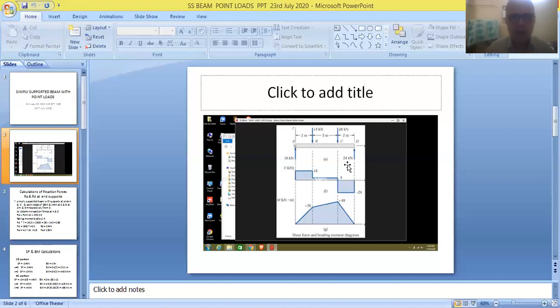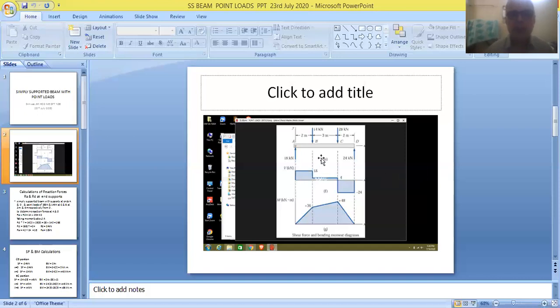Generally, capital L or small l is used for indicating the lengths of beams. So the length of any beam is referred to as the span, and capital L is used for representing the length of a given beam. This is a very important parameter.